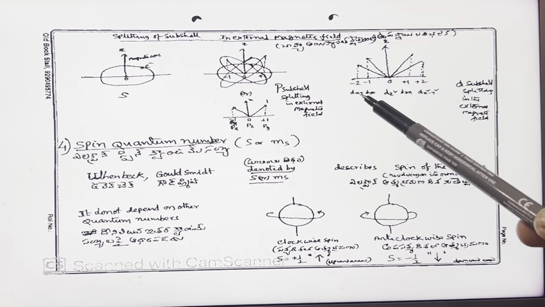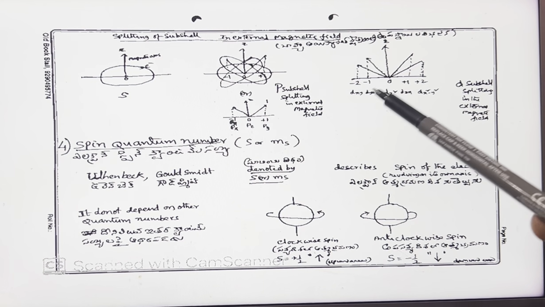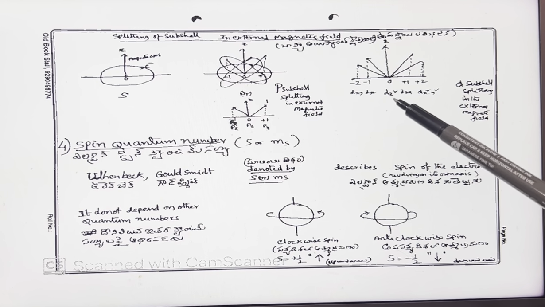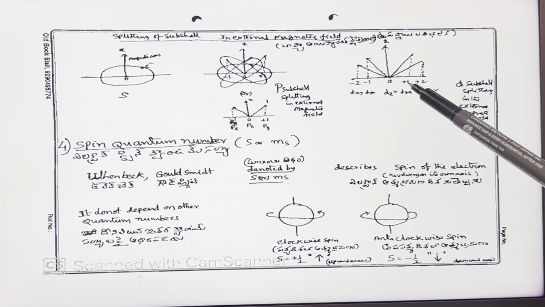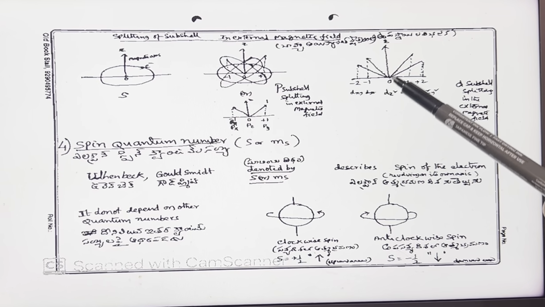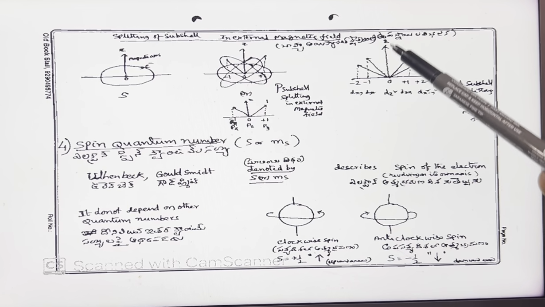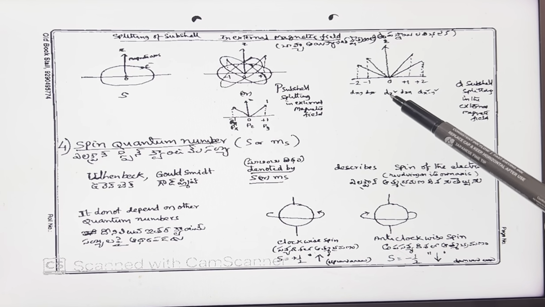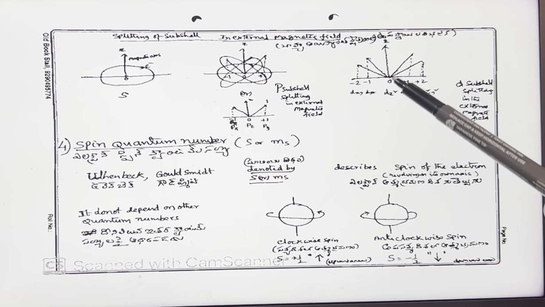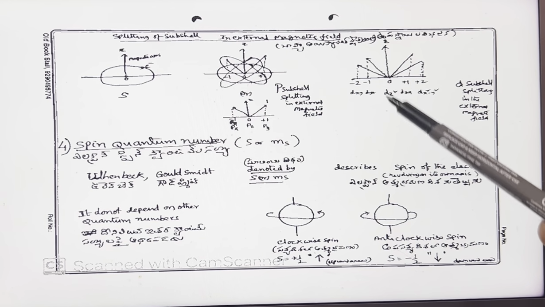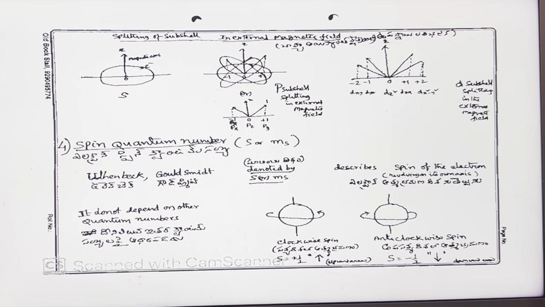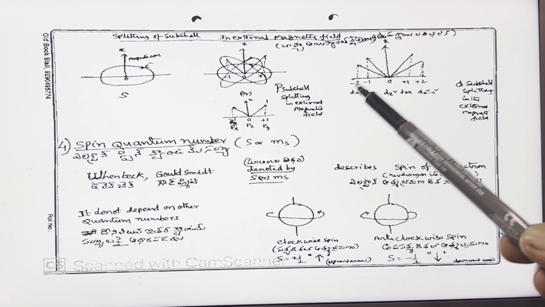This is the cause: x square minus y square and x y take the maximum values -2 or +2, the remaining take -1 and +1, and d z square on the z axis takes 0. The ML quantum number is 0 for d z square. So, this is why the ML values are like this.